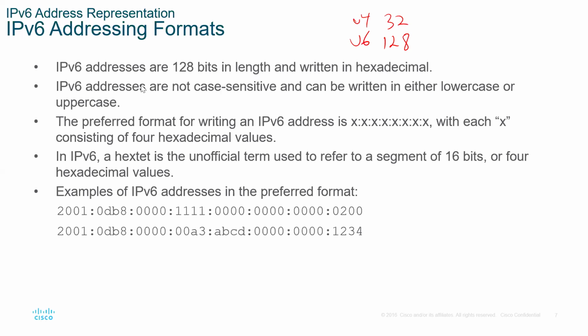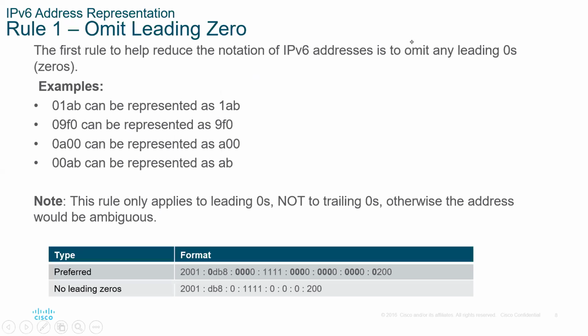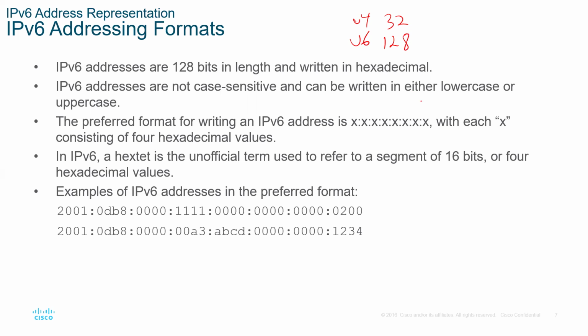All right. IPv6 addresses are not case sensitive and can be written in either lowercase or uppercase. Unlike here, where IPv4 uses decimal numbers, for example 192.168.10.100, IPv6 uses hexadecimal.